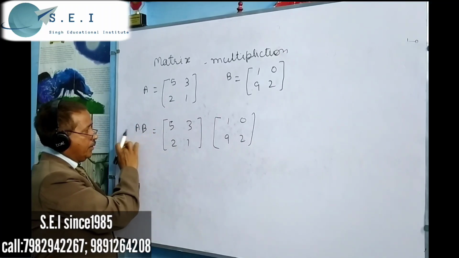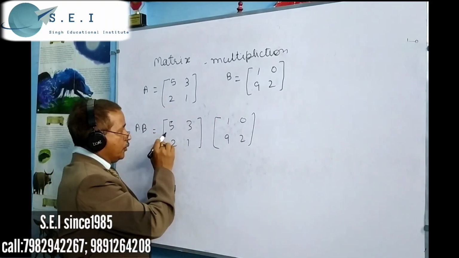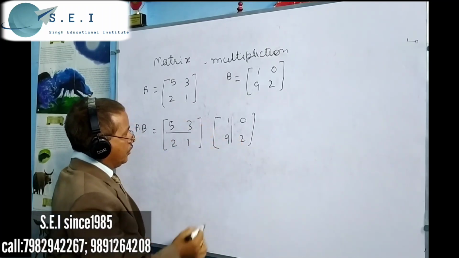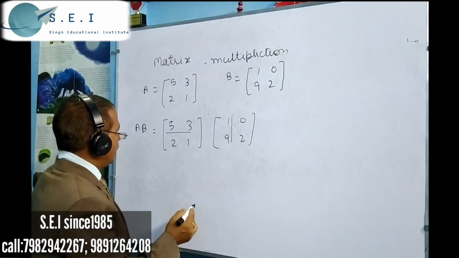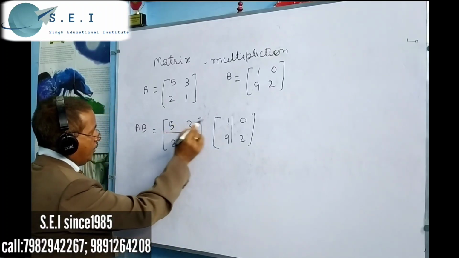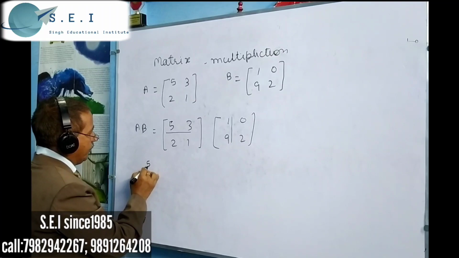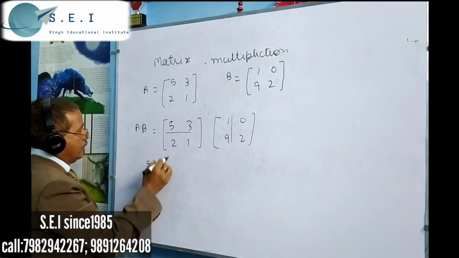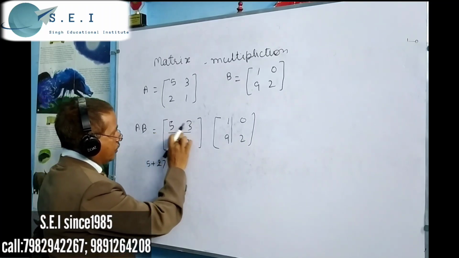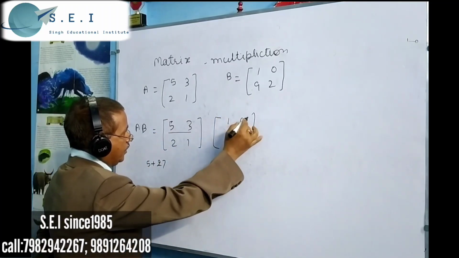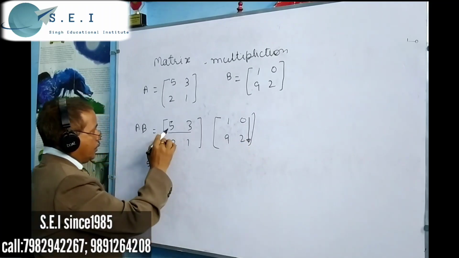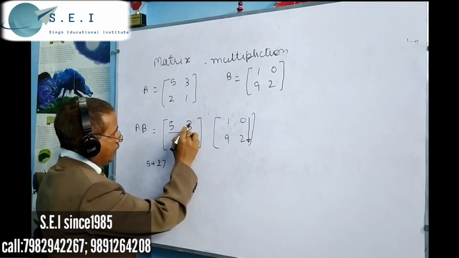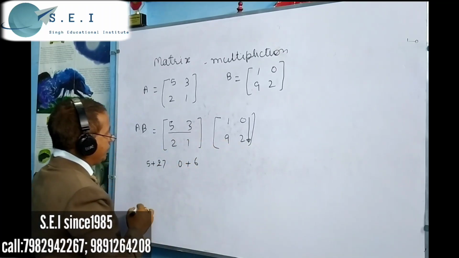Then in this AB, the first row of the first matrix is multiplied by the first column of the second matrix, and we get 5 times 1 is 5 plus 3 times 9 is 27. Next, the first row is multiplied with the second column. Now 5 multiplied by 0 is 0, plus 3 multiplied by 2 is 6.